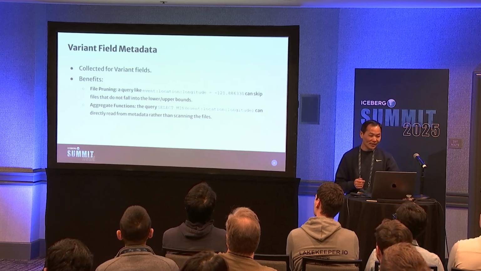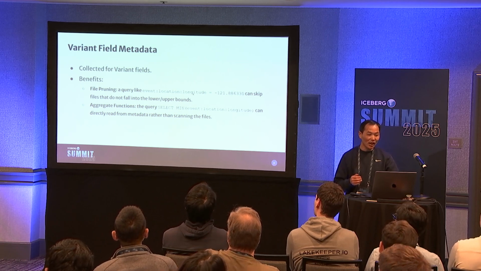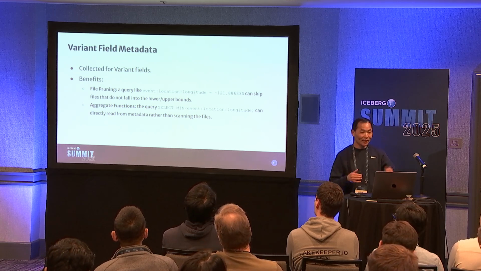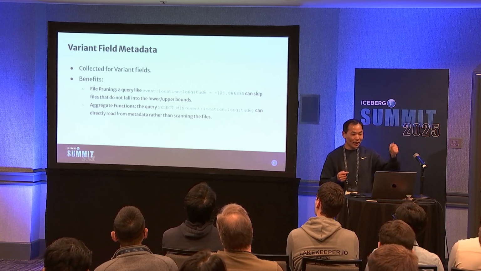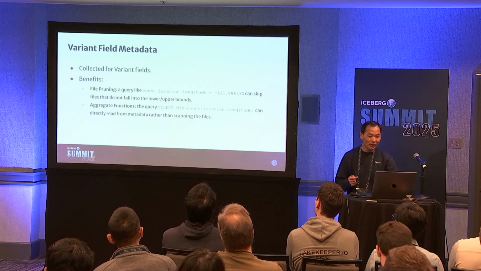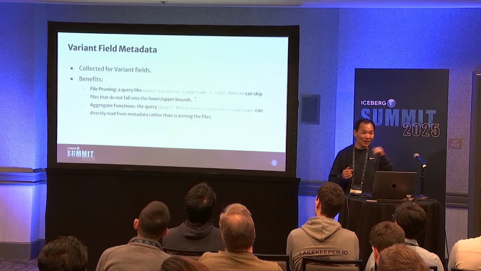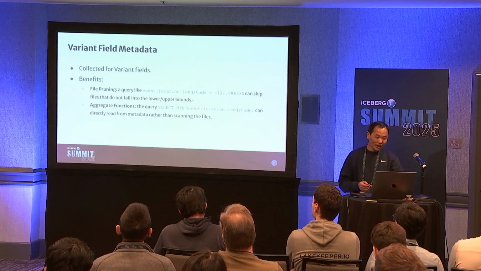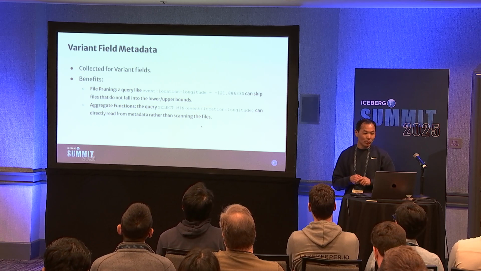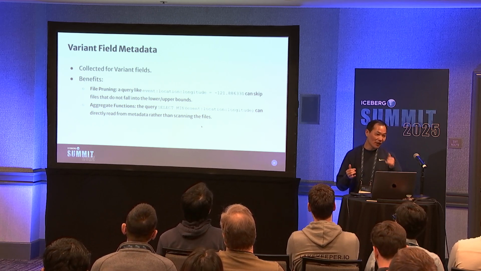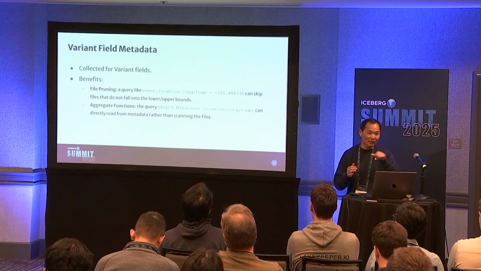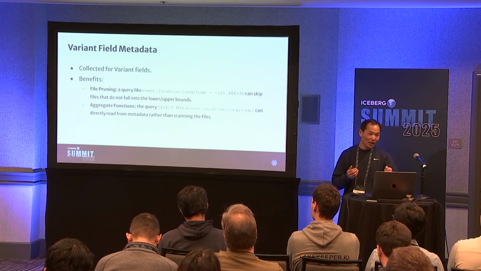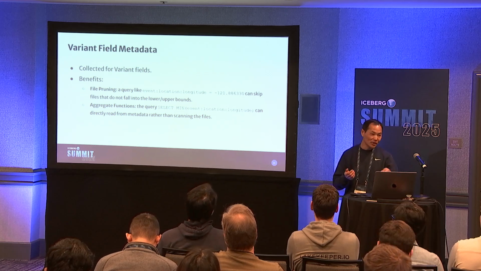For example, if it's location longitude, we collect the stats for that and say, this is a range. Then if you have queries like this, you can use the metadata to skip the files. Another benefit is that you can probably answer aggregation functions like this without scanning the files. You just get the metadata from the manifest file and return this.